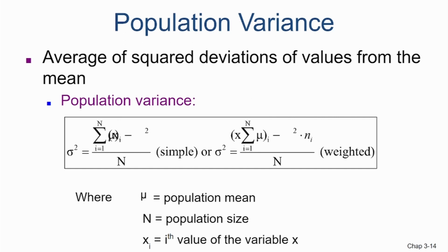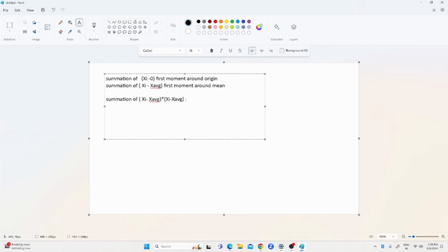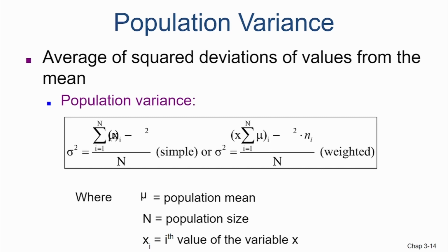Population variance is xi minus mu i, whole square, that is the formula, as we discussed in the figure. Now, let me write the formula. Variance is xi minus x average times xi minus x average, divided by n. That is what we have to rectify.